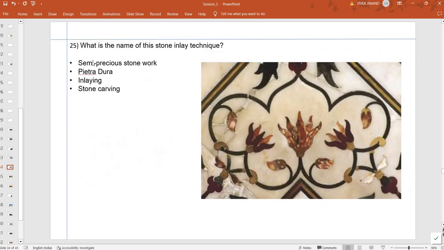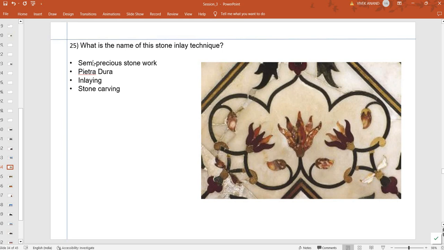Let's move to the next question. What is this? The stone inlay technique. Pietra dura. What is Pietra dura? It's the inlay technique that the Persians, Afghans followed. But using what materials do they make Pietra dura?